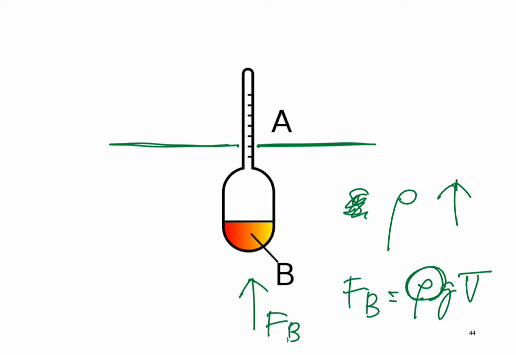A larger force of buoyancy means it could float this object more, so the protrusion here will become higher. Then we have a scale here, and on this scale we could know the value. Especially in fluid mechanics, the scale here is for specific gravity.